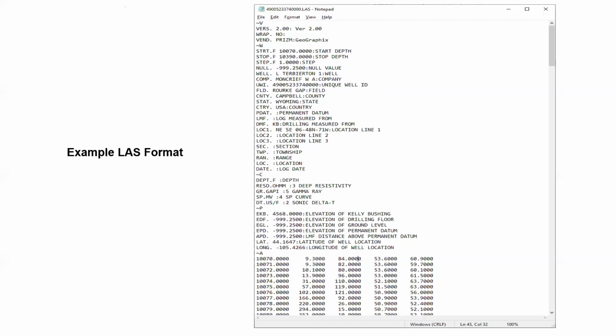Okay. So the next format is the ASCII format. The difference between LAS and the ASCII format is that in the ASCII format, we don't have any kind of well information or petrophysical information or the curve information.